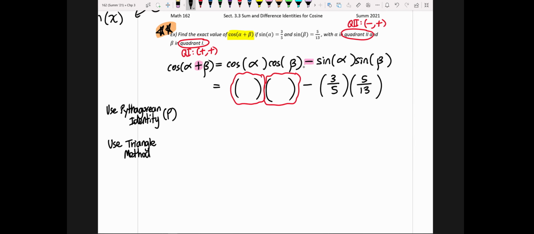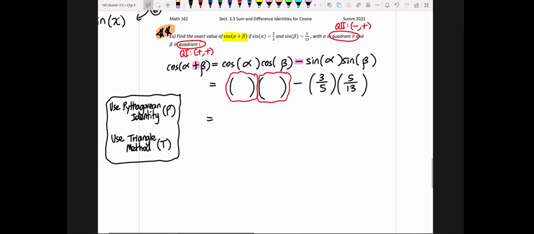When we're first learning the Pythagorean identity, we like to introduce that to students. The Pythagorean identity allows us, given one trig function at alpha, to find any trig function at alpha. However, as we get more comfortable, the triangle method is usually the preferred method.